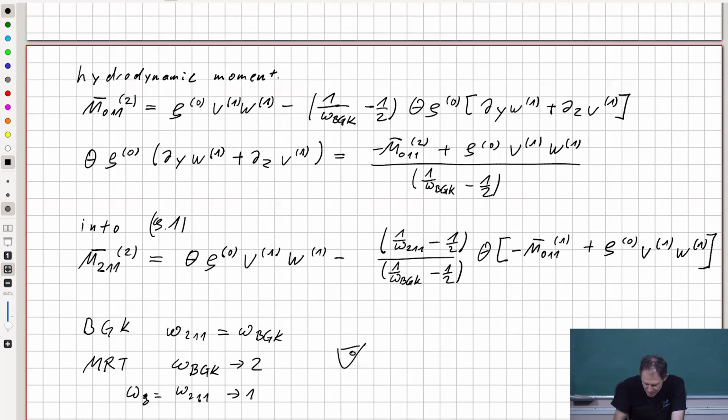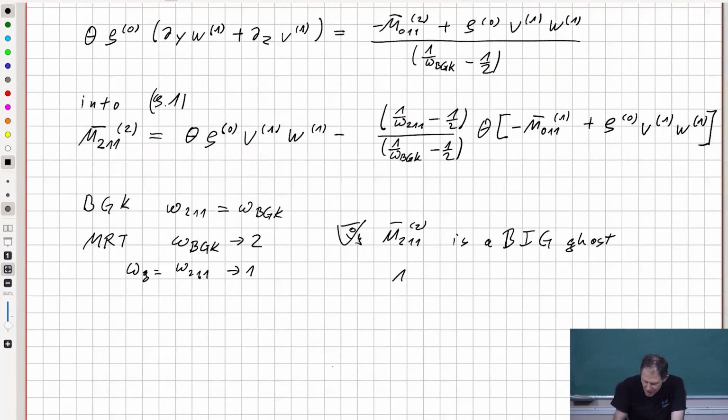So this means that our ghost, this M211 to second order, is a big ghost, because 1 over omega 211 minus 1/2 divided by 1 over omega BGK minus 1/2 goes to a large value.